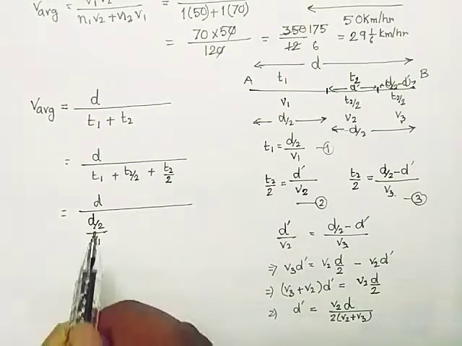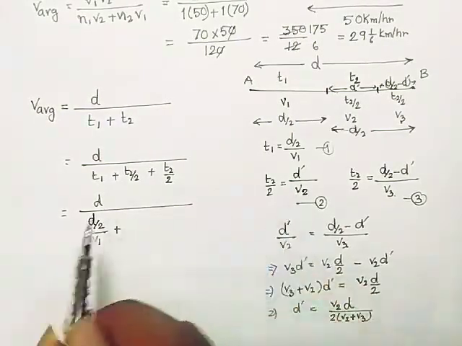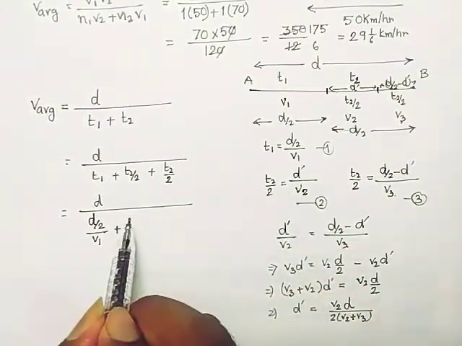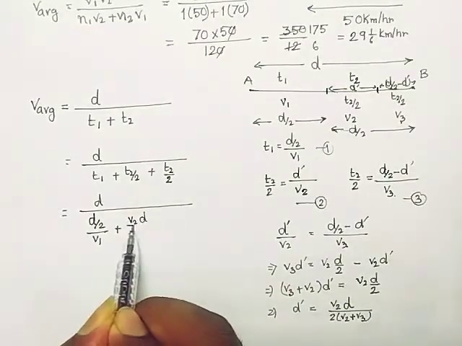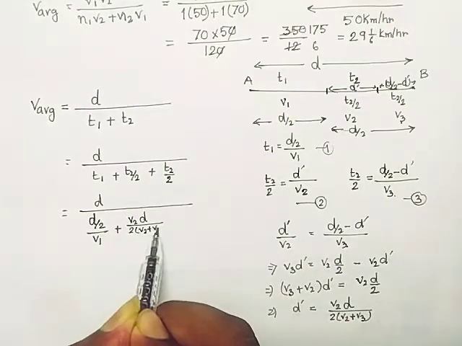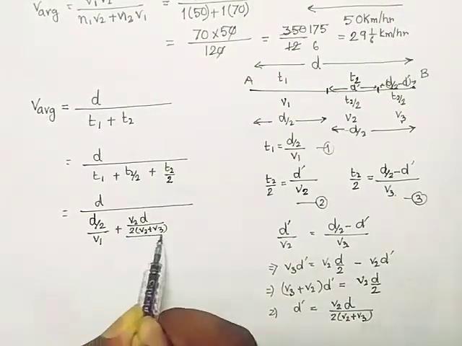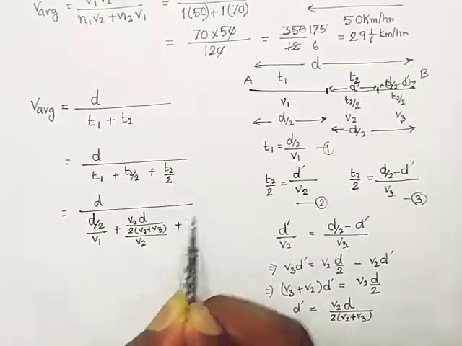So if I replace it here, for the second section, the value of d prime is v2 into d divided by 2 times v2 plus v3, that is divided by v2.